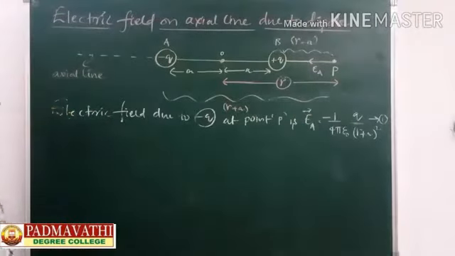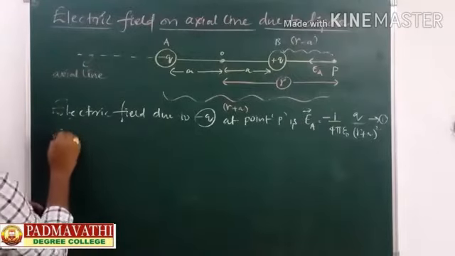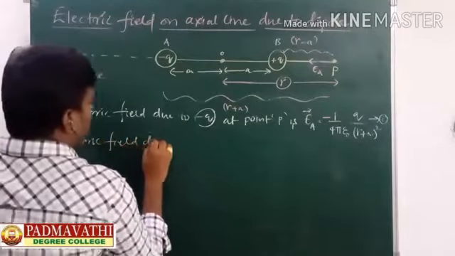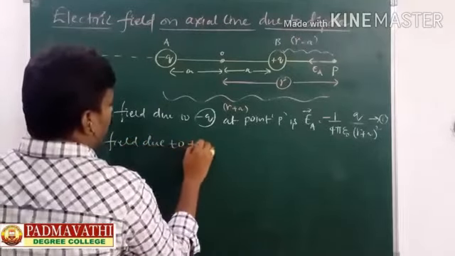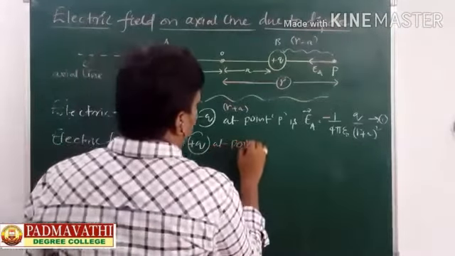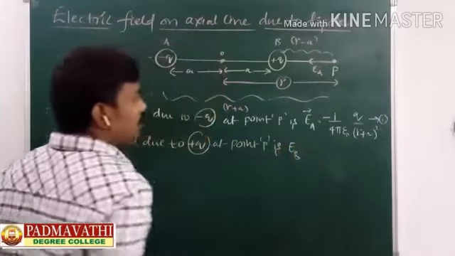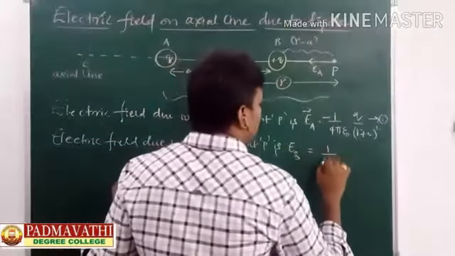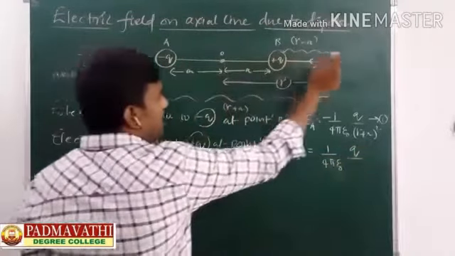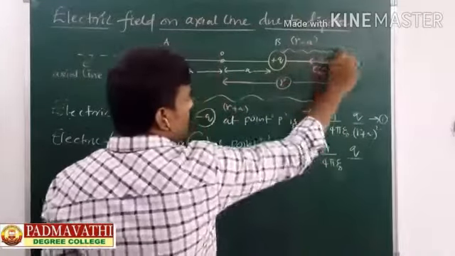Next, coming to the electric field due to plus Q charge. The electric field due to plus Q at point P is EB, which equals 1 by 4 pi epsilon naught, Q by the square of the distance between B and P, which is nothing but r minus a.